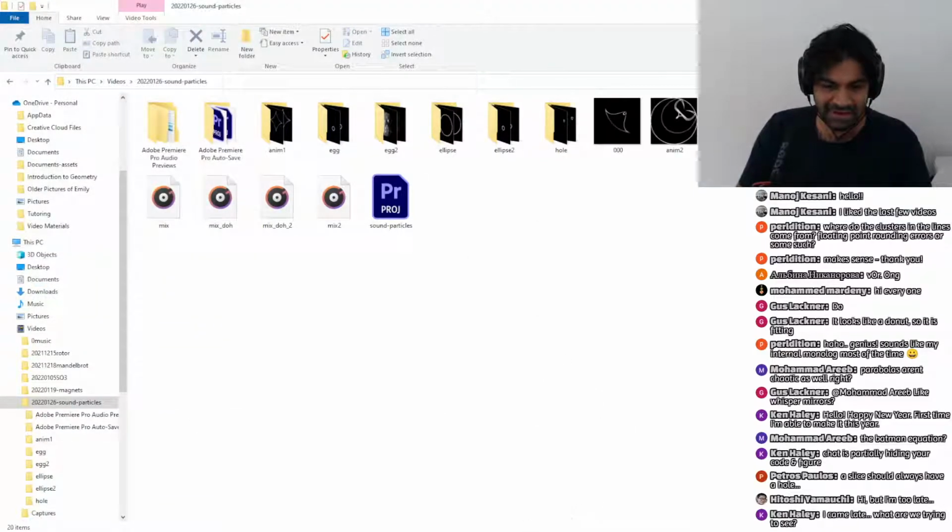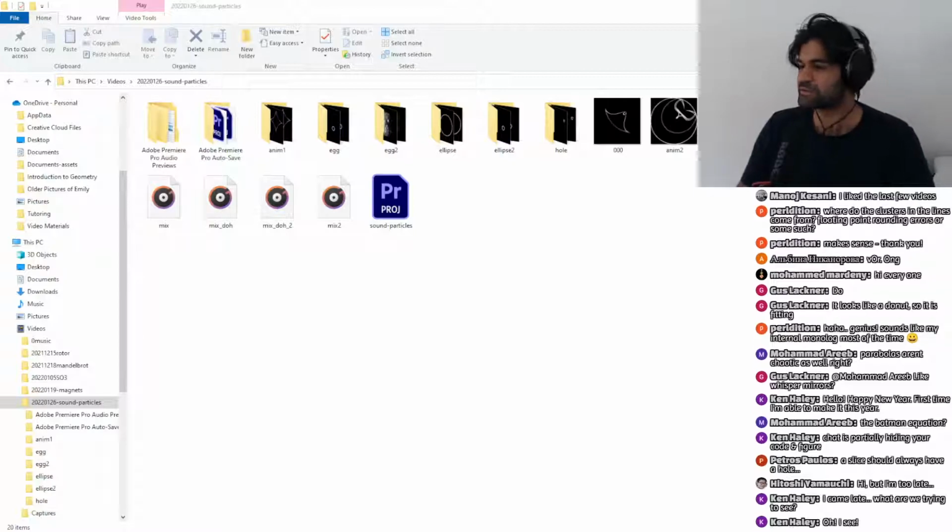All right, what was I doing? I'm trying to export an image of my contour plot so I can superimpose it on these images.